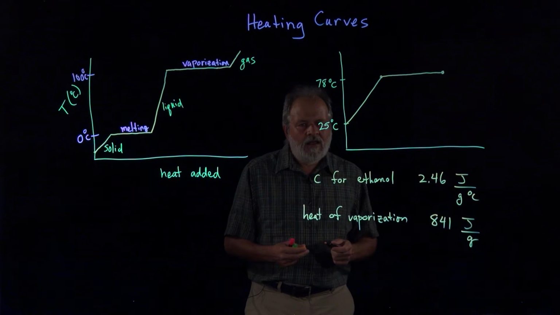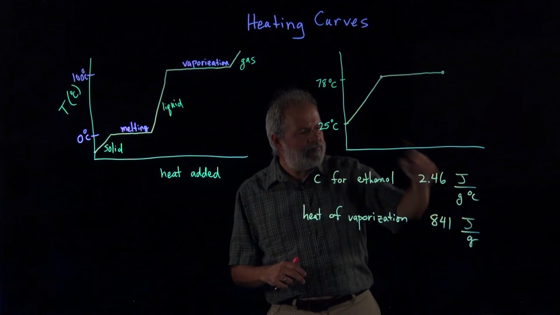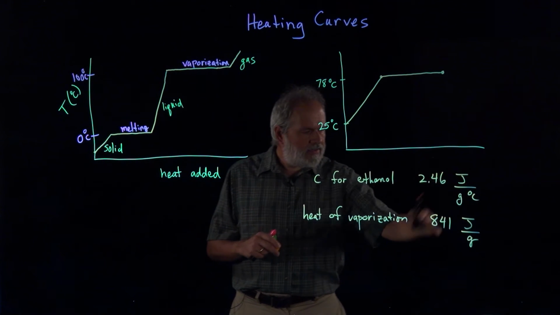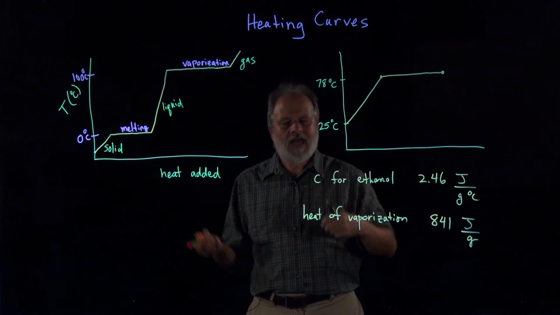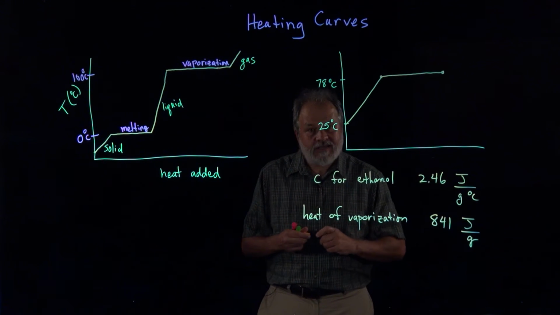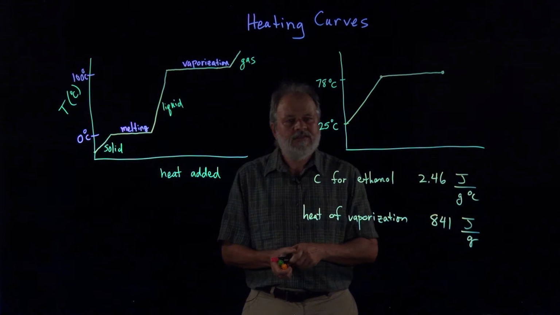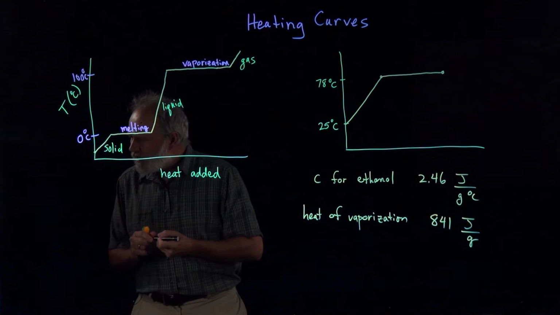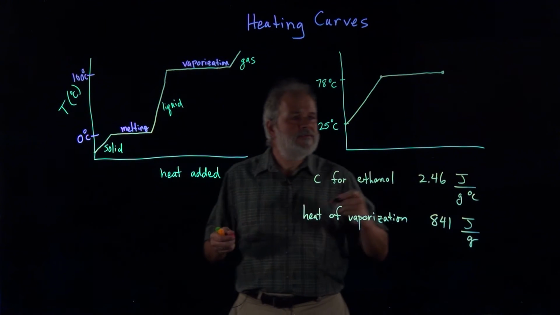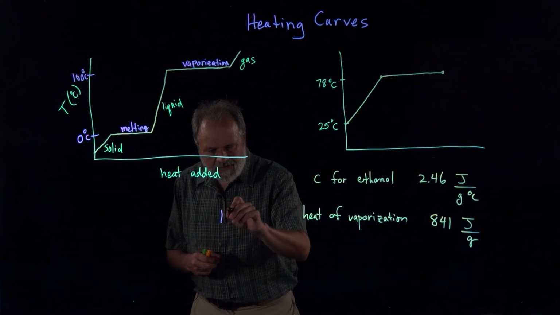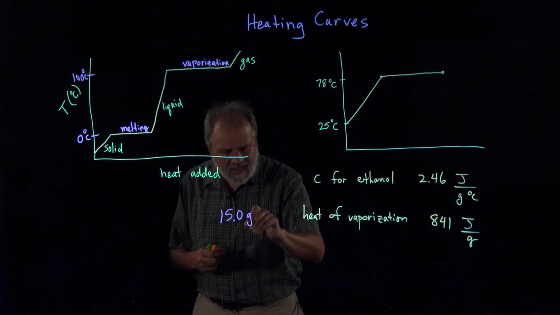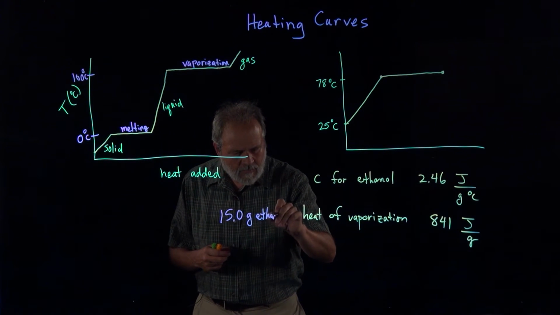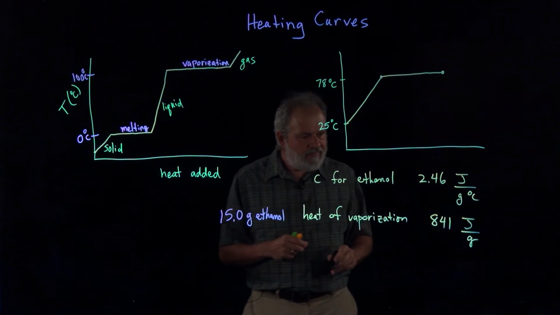So really we have the change in temperature for this one. We have the constants. So all we need is to know how much ethanol we are going to try to heat up and then evaporate. And so for this problem, we're going to do 15 grams. All right, so we're going to do 15.0 grams of ethanol. They're going to vaporize.